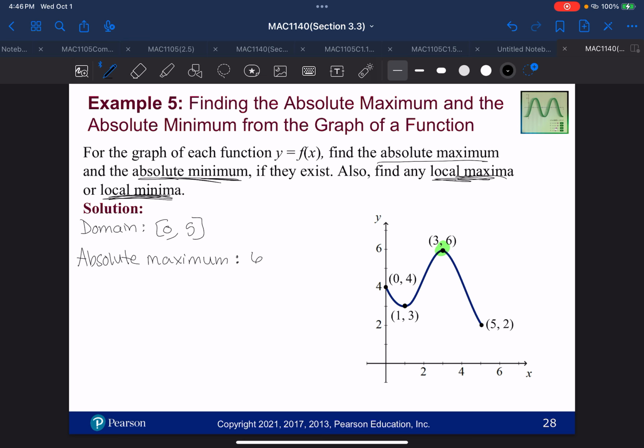And the absolute minimum will be the smallest value of this function, and let me highlight this, that's going to be right here, which is 2. That's the smallest y value of our function.